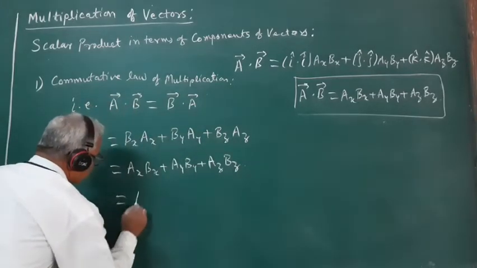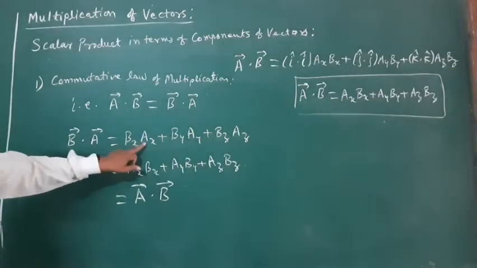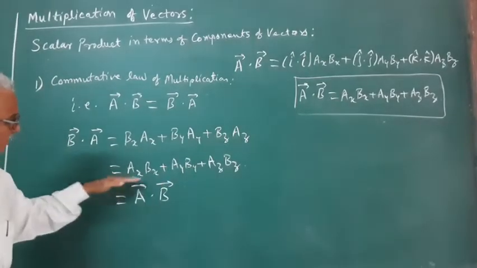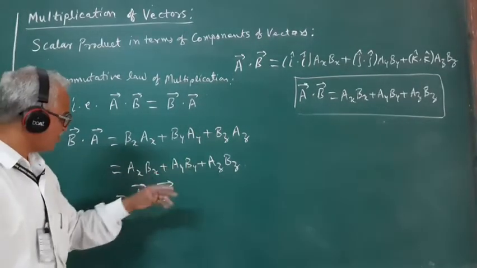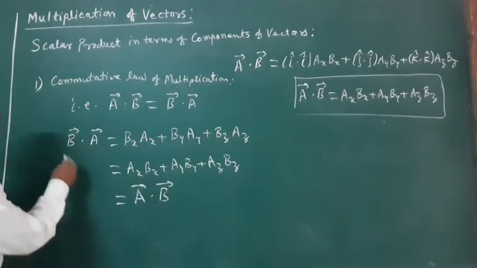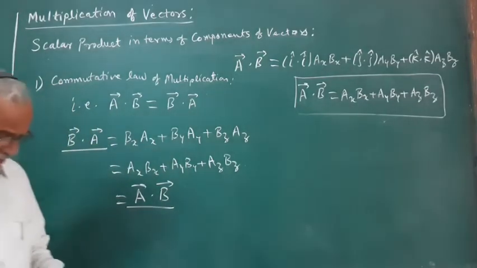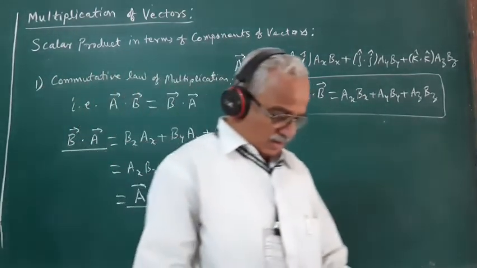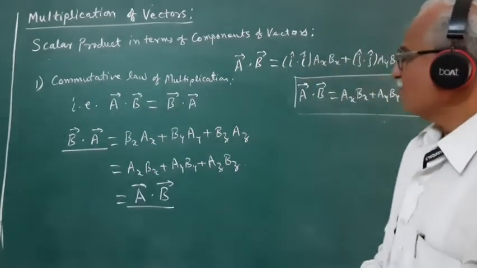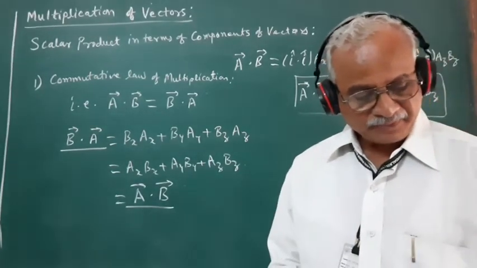So here we have changed the order of the magnitudes of the two vectors so that we get this expression. And this expression is nothing but the expression for A bar dot B bar. So B bar dot A bar is equal to A bar dot B bar. Hence, that is what we observe from this first law, the commutative law of multiplication.